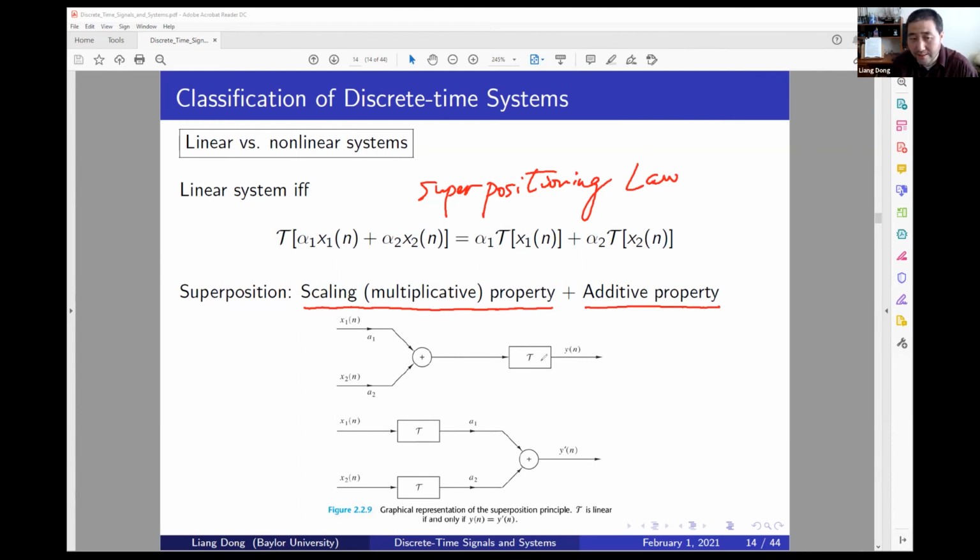If the system is a linear system, that means I can use the system on each individual signal, and then weight it by alpha 1, alpha 2, adding together, and that gives you another output, y prime. y prime should be equal to y[n]. That's the linear system. Every system that follows this law is a linear system. Now it can extend to many inputs. It can actually extend to infinitely many inputs.